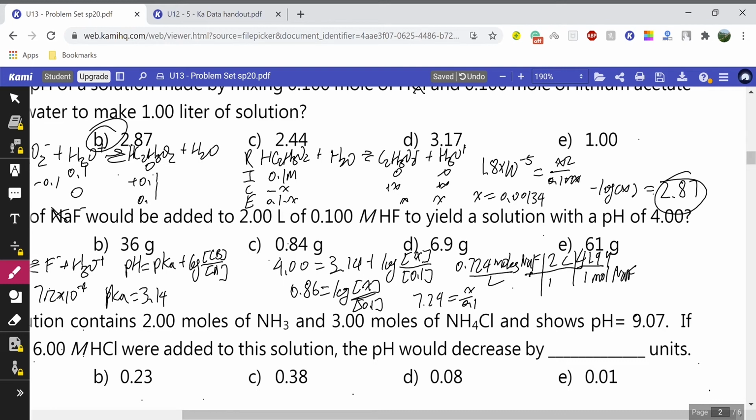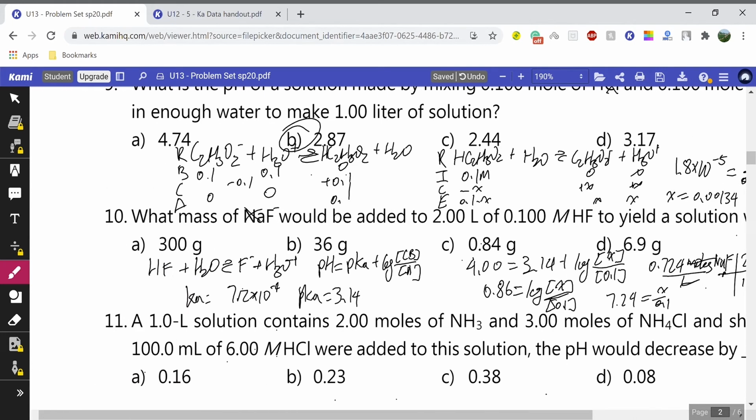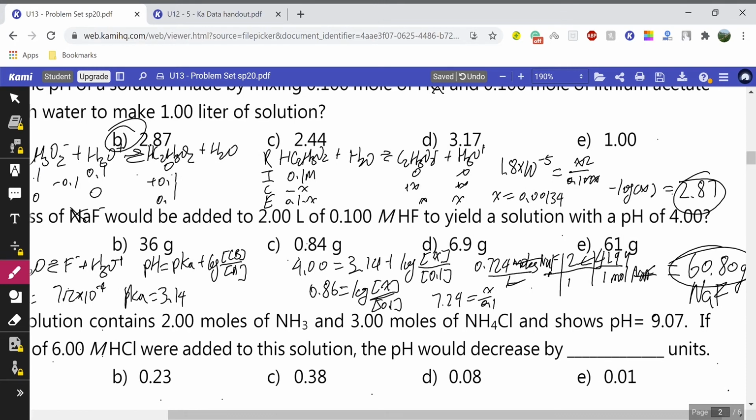So 0.724 times 2 liters, the liters cancel, and the moles cancel after you multiply again by 41.99. You will get a final answer of 60.80 grams of NaF. Okay, so 60.8 grams will be closest to 61 grams.